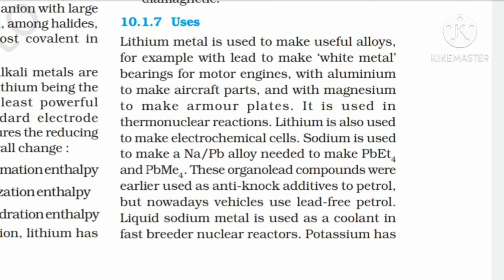Lithium is also used to make electrochemical cells. Sodium is used to make Na-Pb alloy needed to make PbEt4 and PbMe4. These organolead compounds were earlier used as anti-knock additives to petrol, but nowadays vehicles use lead-free petrol.